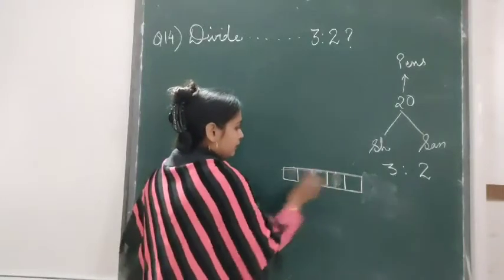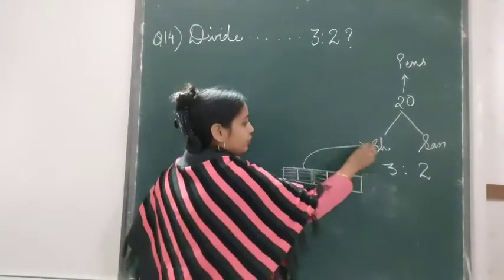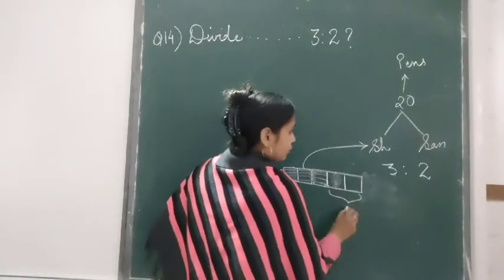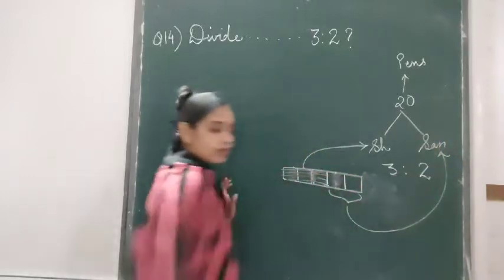Out of that, 3 should be given to Sheila and 2 should be given to Sangeeta.